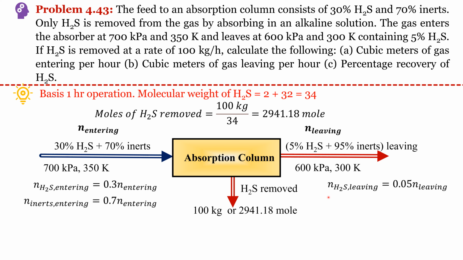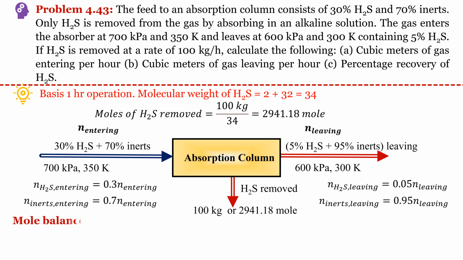Now in the same way, moles of H2S leaving will be equal to 5% of N leaving, and moles of inerts leaving will be equal to 95% of N leaving.